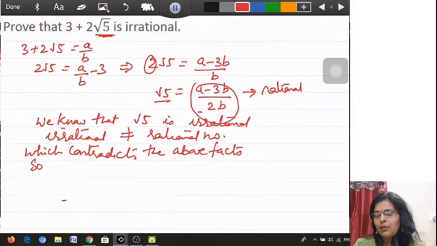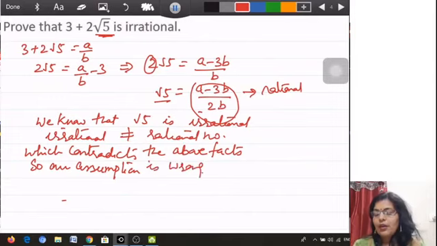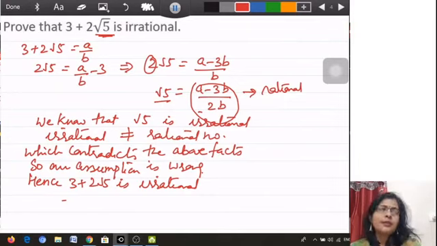So our assumption is wrong, and hence 3 plus 2 root 5 is irrational. This type of question is also seen sometimes in the examination. Similar type of one more question I'll just show you.